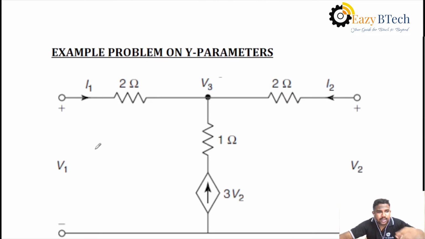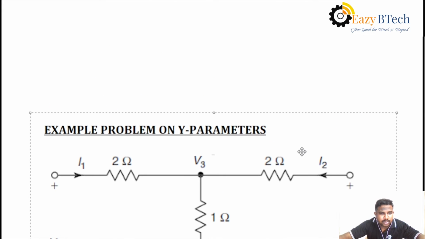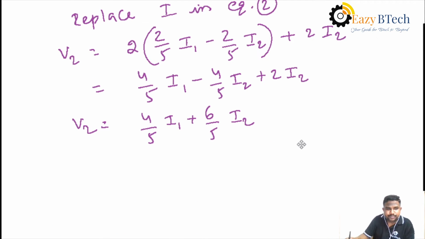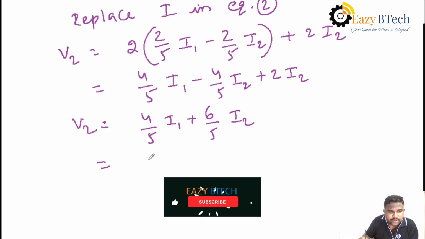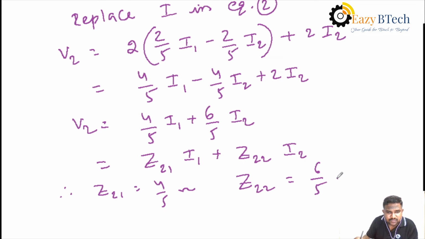Then you have to compare the value of V2 with the standard equation. We know the equation of V2, that is Z21 I1 plus Z22 I2. From that, therefore, Z21 is 4 by 5 ohms, Z22 is 6 by 5 ohms.